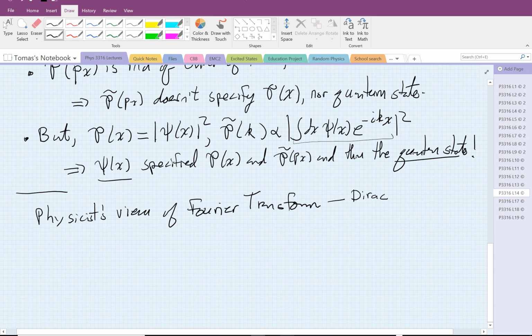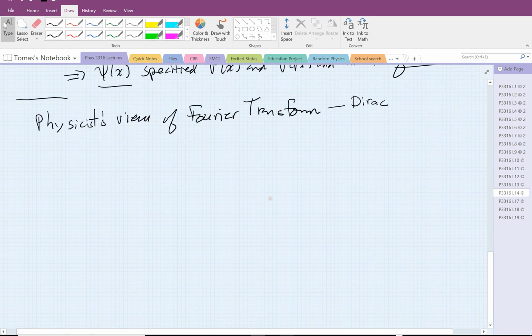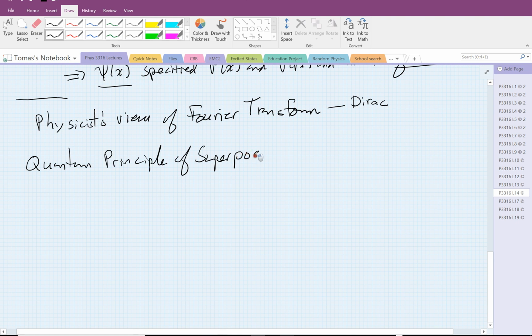So the physicist's view comes down to a principle due to Dirac, which is known as the quantum principle of superposition, or QPS for short. It isn't something new.